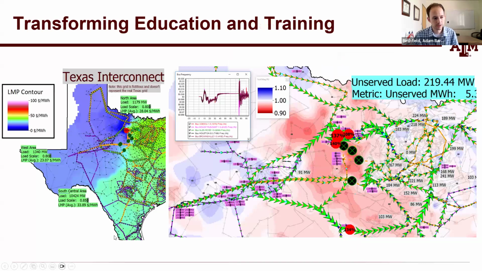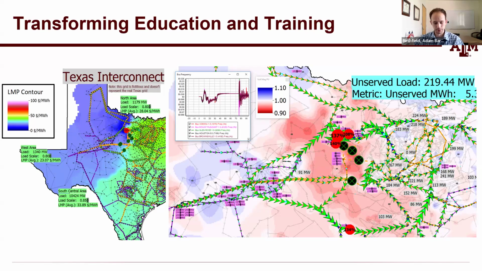As an educational institution, I really see a huge benefit of synthetic grids being in the educational space. I love teaching our senior level power system analysis elective class. And this class has a lab that involves transmission simulation exercises. These synthetic grids have transformed that class because we're able to use realistic large-scale grids.